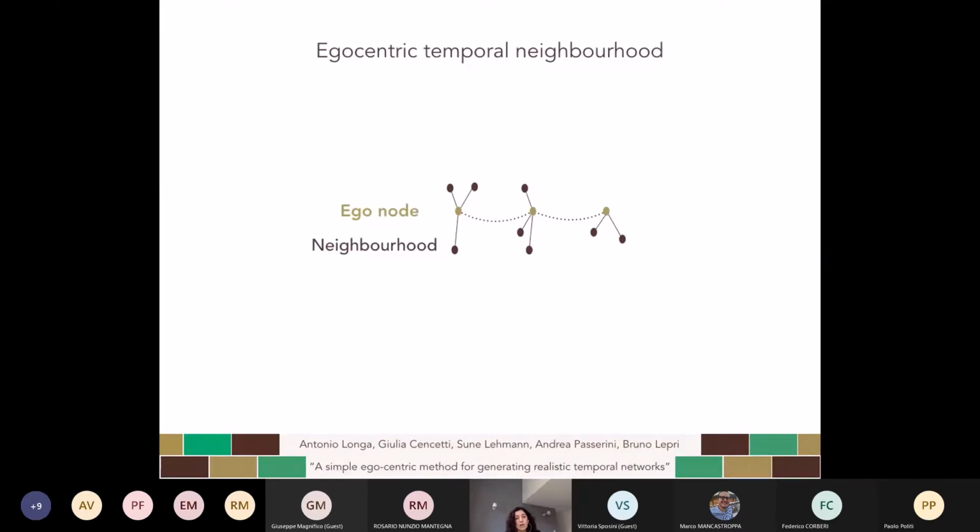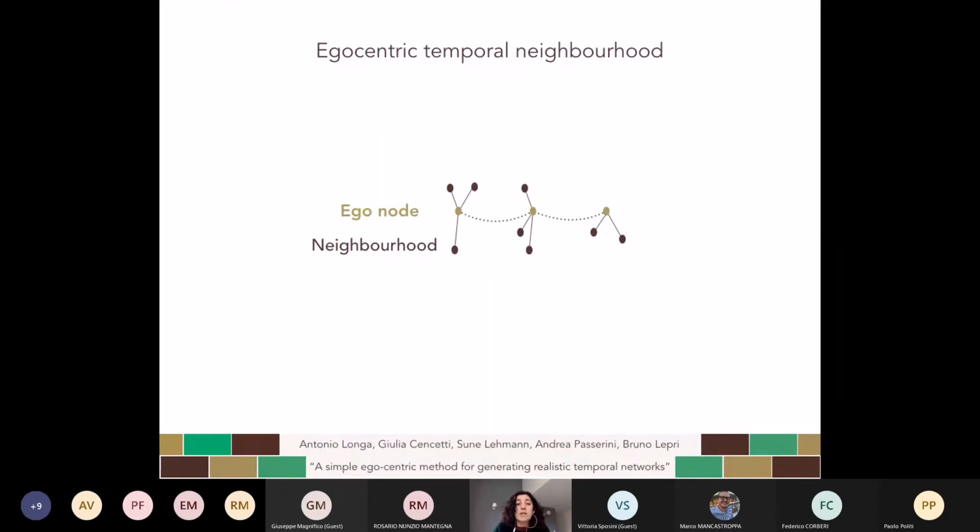So in other words, we assume an egocentric perspective, or a perspective which is centered on a specific node, and we will do it for each node of the network. And for this node, we only consider its neighborhood, by also disregarding all the interactions that can occur between neighbors.